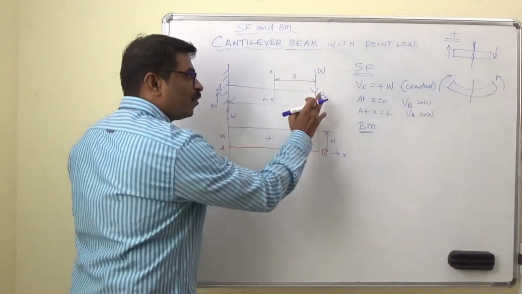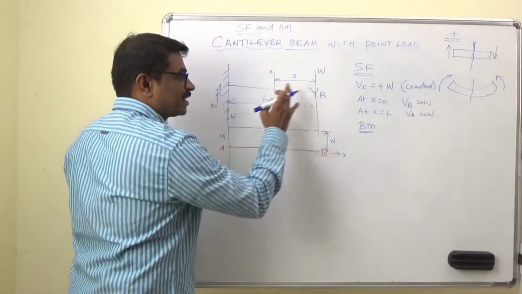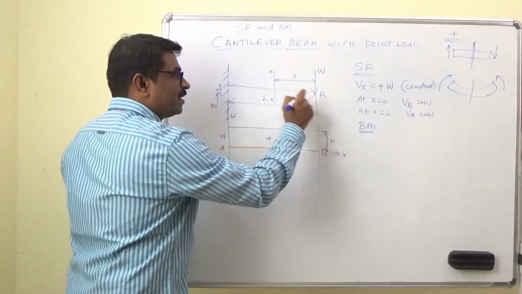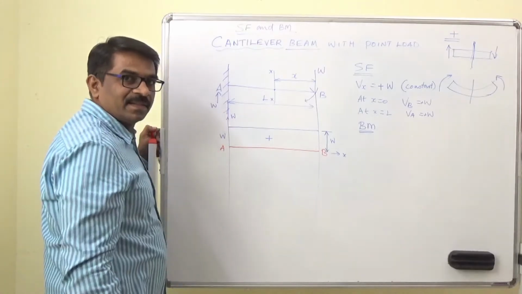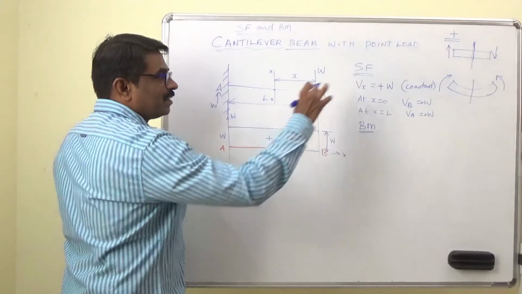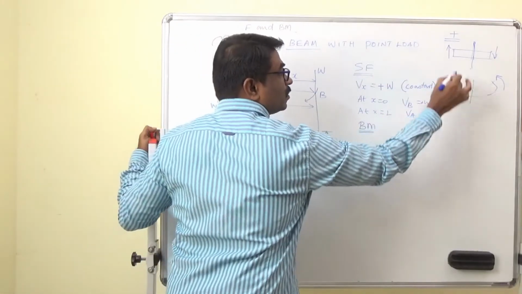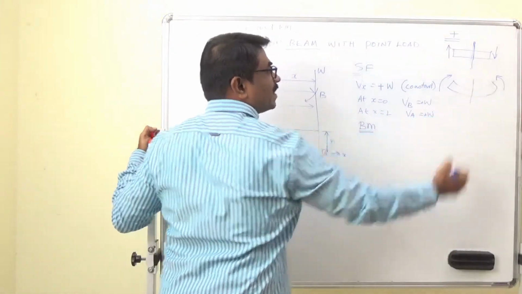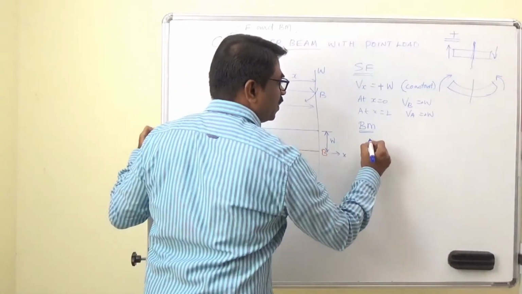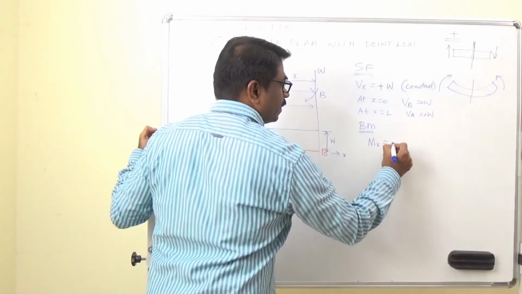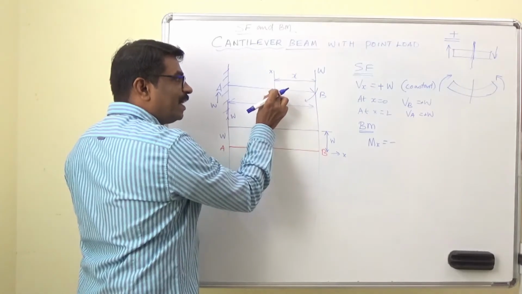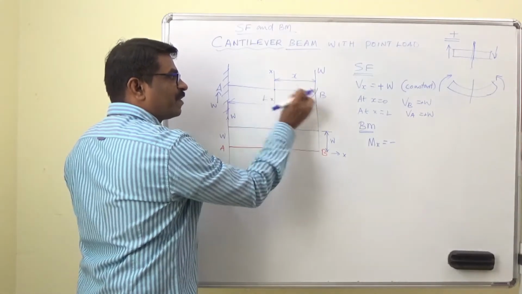I have only one force to the right of the section, that force is W. It is going to produce clockwise moment about this point through which the section is passing, and here right side anti-clockwise is positive, so here it is clockwise, so it is going to be negative W into x, the distance from the free end.